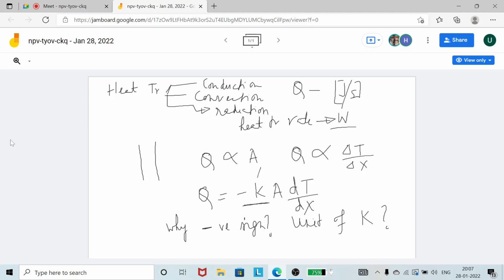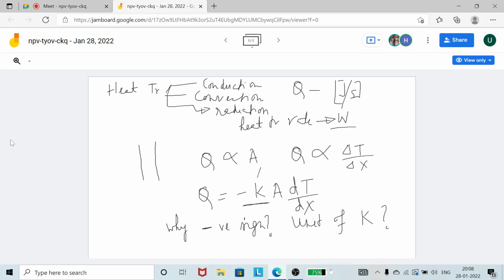Watts per meter Kelvin. Yes, watts per meter Kelvin. Very good. So you can derive that. And why is there a negative sign? Because heat is transferred from a higher temperature to a lower temperature. Very good. These are very basic, but you must know these fundamentals, and you'll be using them.